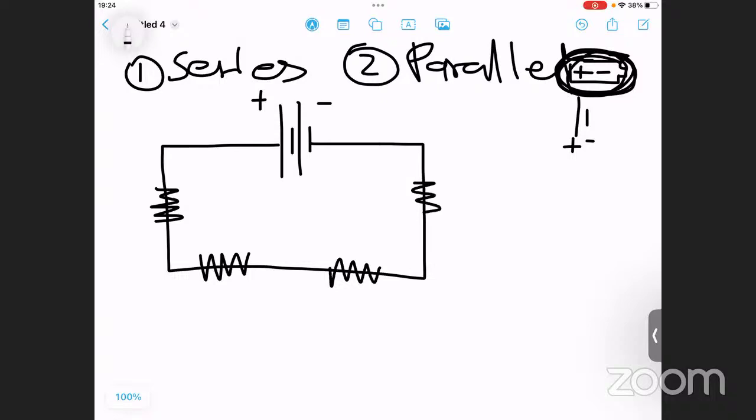Anything that uses electricity is what we refer to as resistors in electric circuits. For example, we can refer to that as resistor 1, this would be resistor 2, resistor 3, resistor 4. These things in real life are electrical appliances.